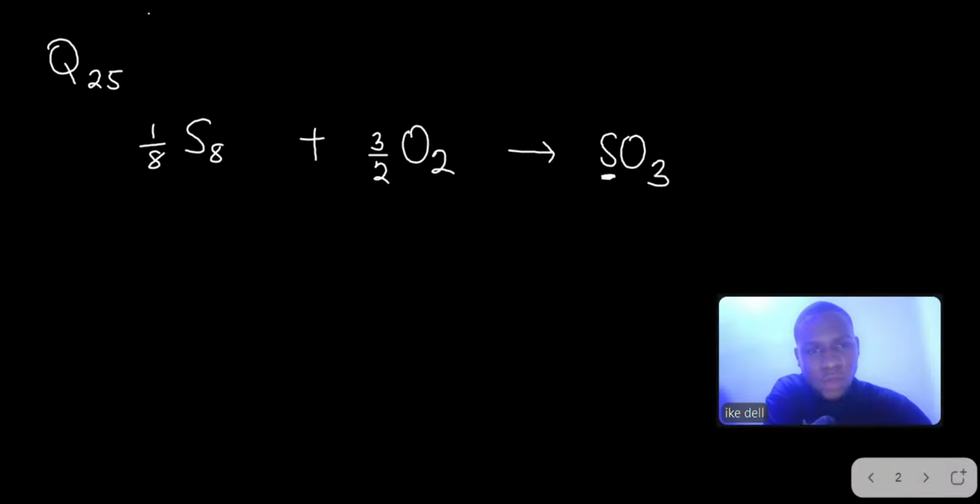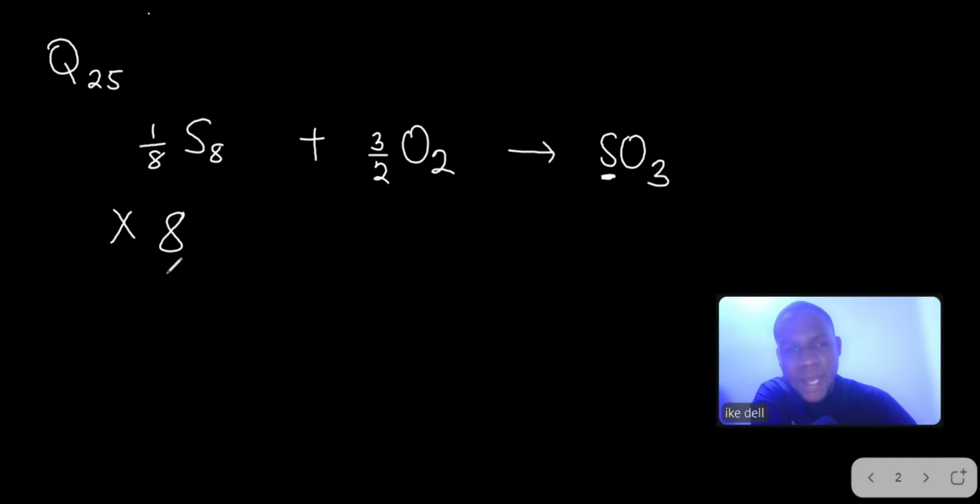So now we will eliminate the fraction. What's the fraction we have here? 8 and 2, right? The LCM of 8 and 2 is probably 8. So I'll just multiply through by 8 and see what that gives me.